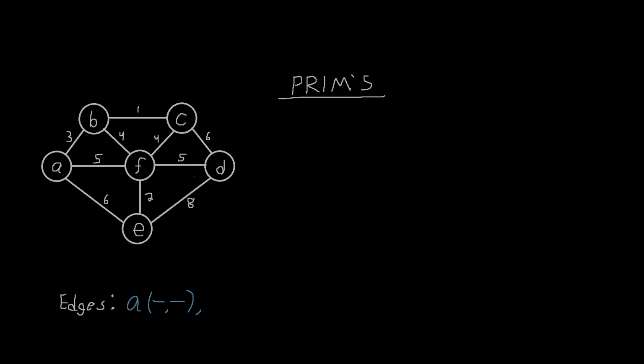What we're going to do is look at every other node in the graph. Let's start with B. We're going to go to B from A, and we can see that has a weight of 3. Again, that's what the notation means: going to B from A with a weight of 3.